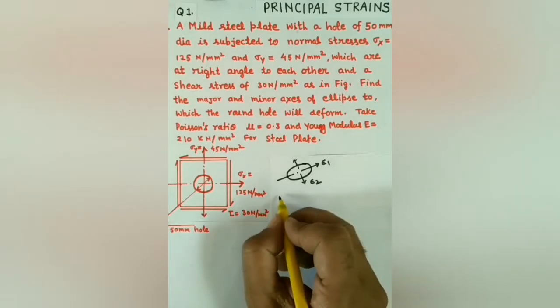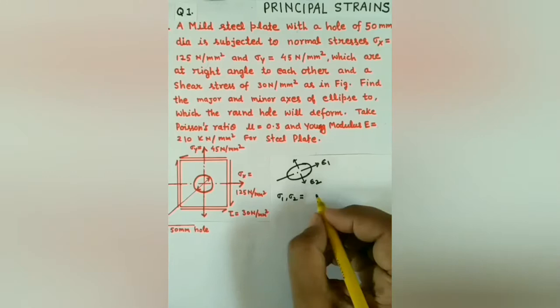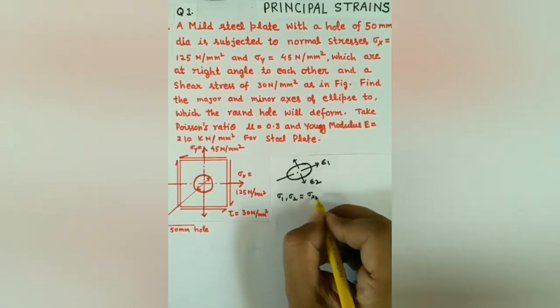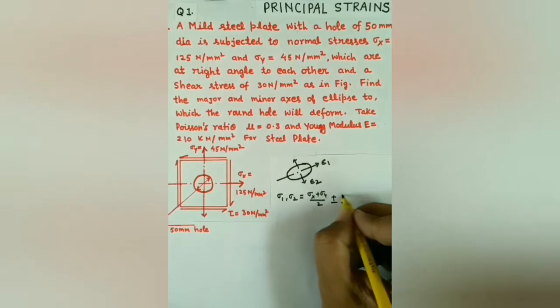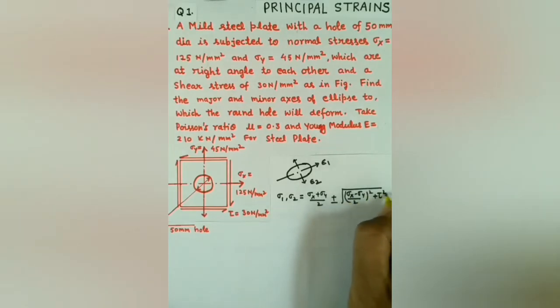So we know that the principal stresses sigma 1 and sigma 2 are equal to (sigma x plus sigma y) by 2 plus minus root of ((sigma x minus sigma y) by 2) whole square plus tau square.